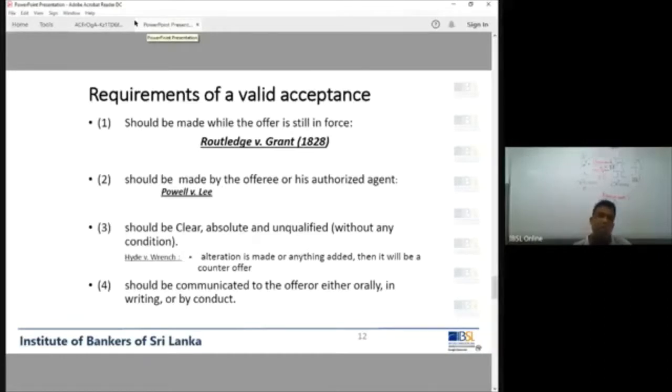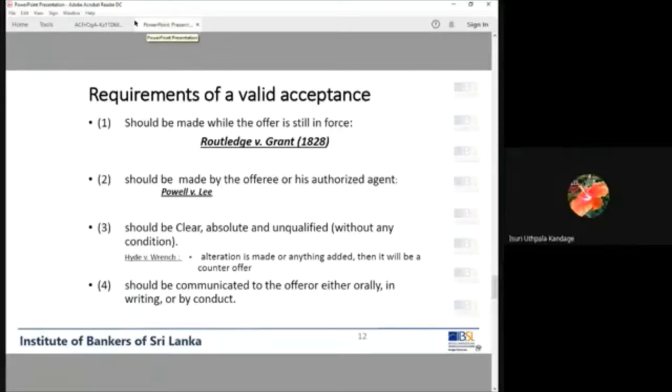If you put a condition, the acceptance is not valid. So then there's no agreement. It has to be simple, very clear, absolute, unqualified acceptance, like I accept the offer, without any conditions or qualifications. So is that clear?